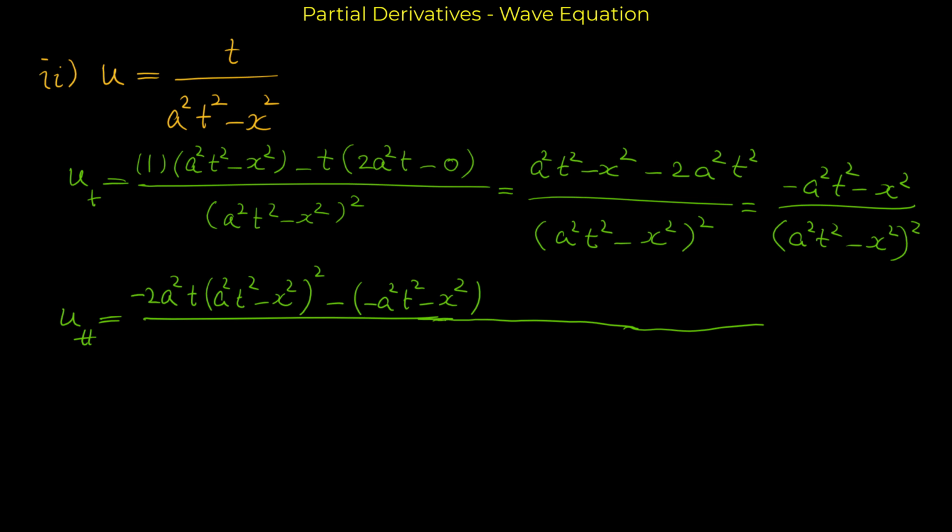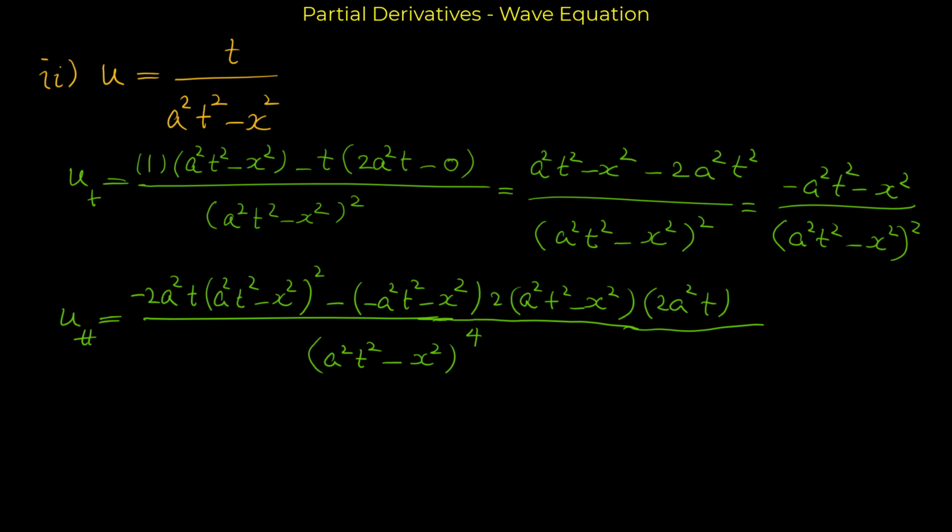What is the derivative of the denominator? It is 2 times, bring the exponent to the front, times (a²t² minus x²) to the power of 1, times the derivative of the inside, which would be 2a²t, all over the bottom to the 2 again, which would be 4.